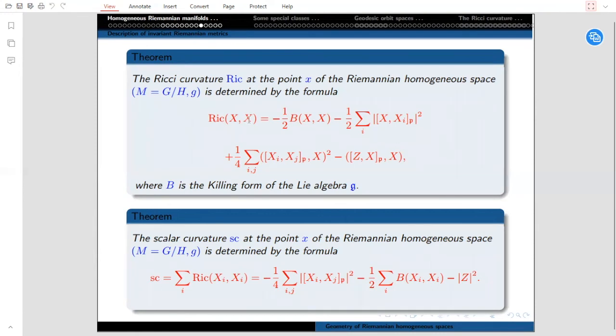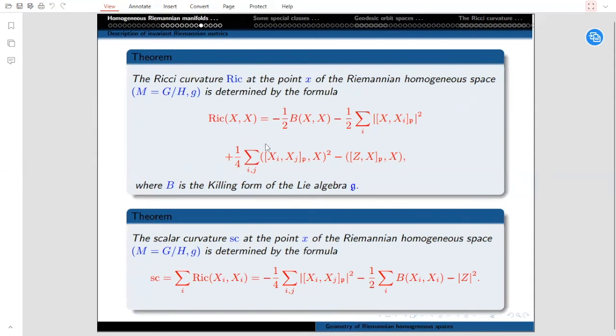Ricci curvature is the average of the sectional curvature of all two-dimensional sections containing a given vector x, in some sense average. It's easy to prove really, but not so easy technically. But we have the final formula.